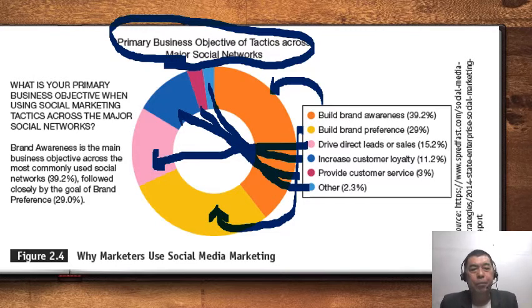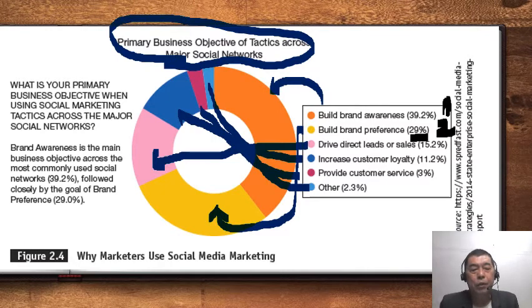So what is your primary business objective when using social marketing tactics across the major social network platforms? Of course, brand awareness is the main business objective, representing 39.2%, followed by brand preference, which is 29%. So number one really is brand awareness, and brand preference is number two.